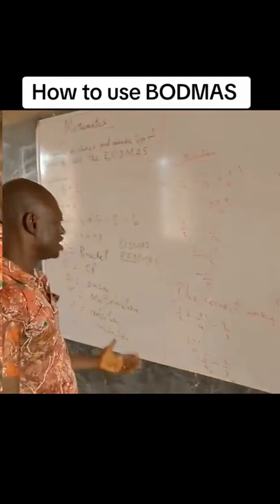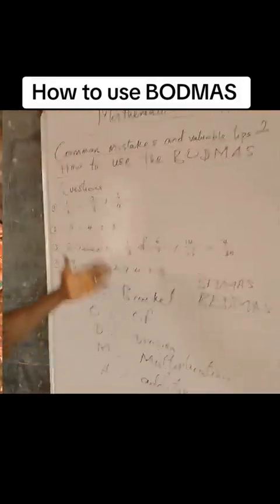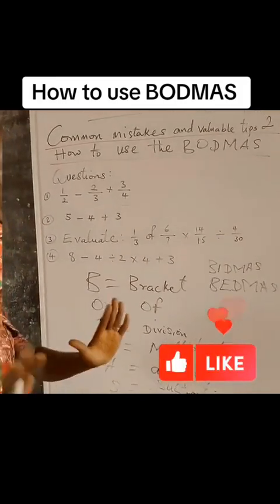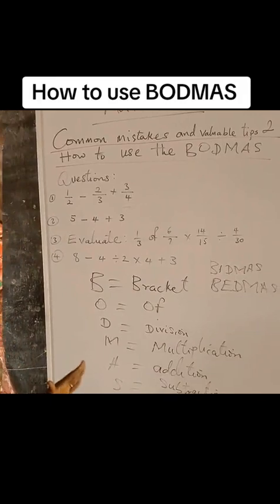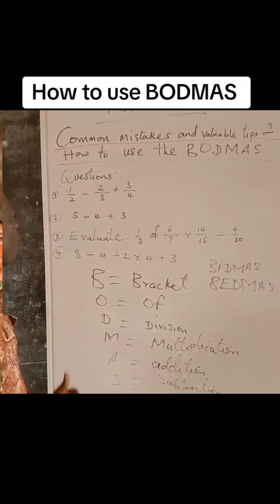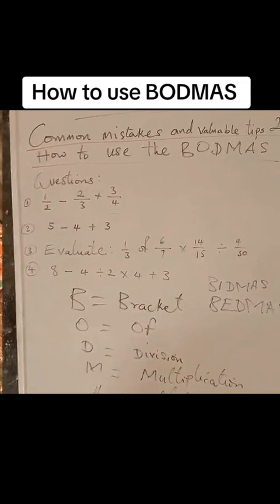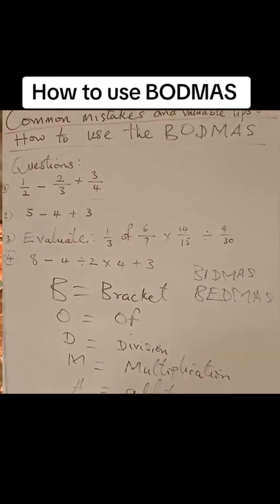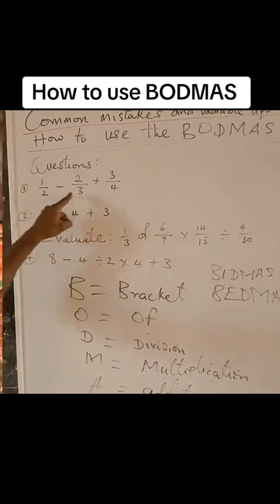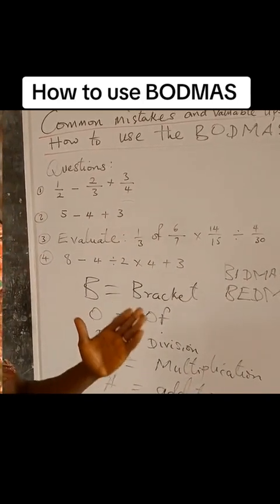Viewers, as we can see, question number 1, question number 2, and question number 3 have been solved using BODMAS. We have a very good lesson to learn from it. And what is that lesson? If we are going to use BODMAS when we have addition and subtraction, we must bring the addition sign first.